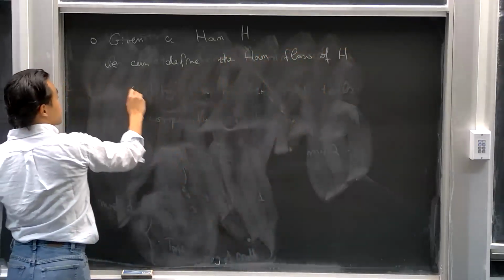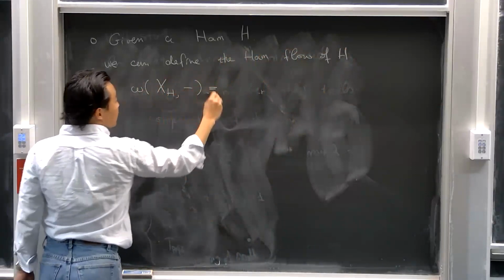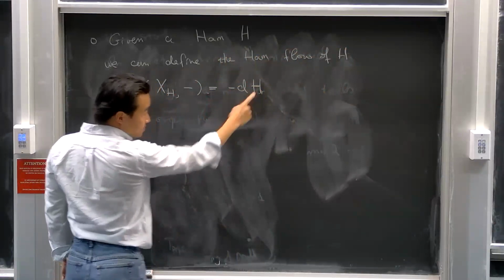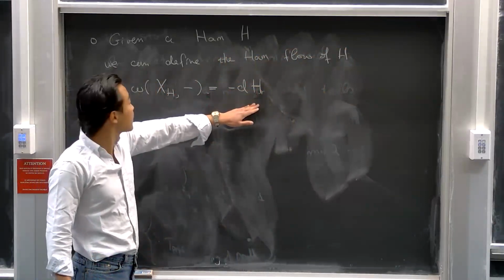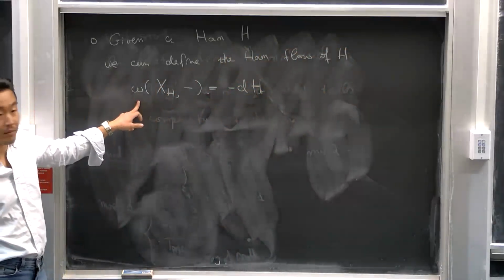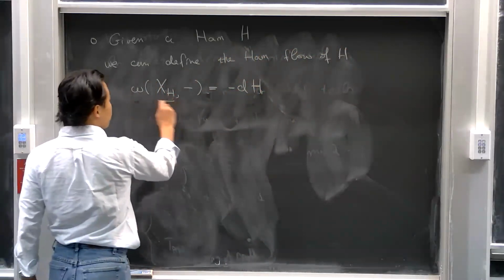That is done in the following way. You think of the derivative of the function and get a one-form, and then by using the non-degeneracy of the form, you get a vector field. This is called the Hamiltonian vector field.